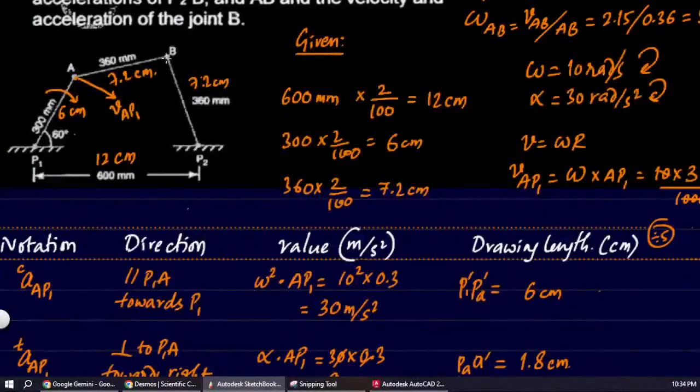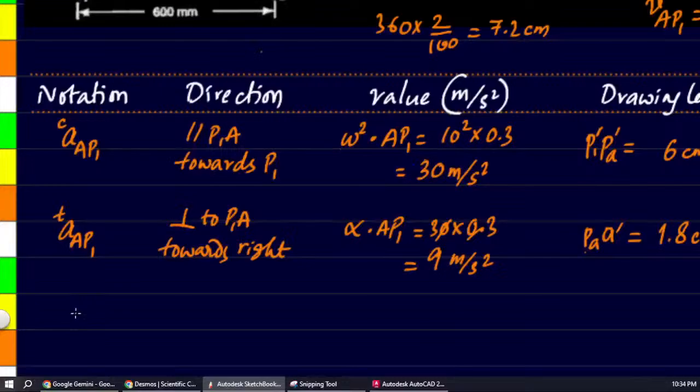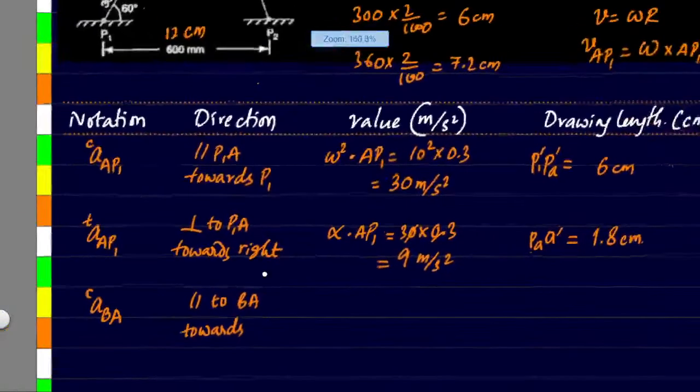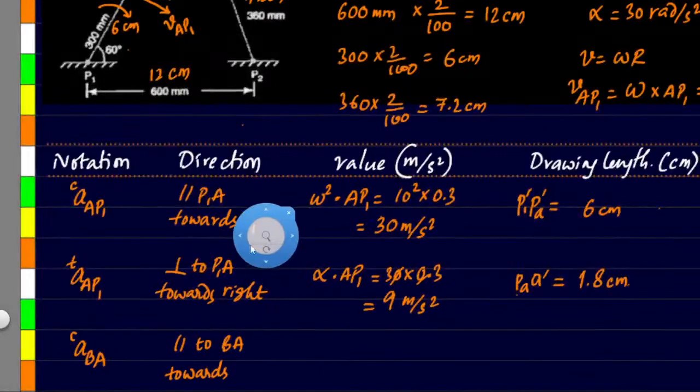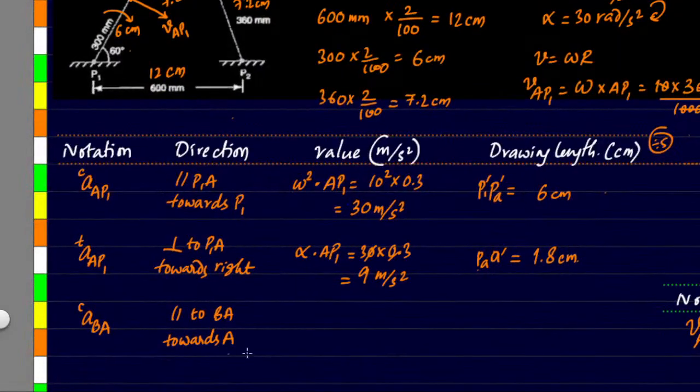What other accelerations do you know? We know the centripetal acceleration of B with respect to A. This will be parallel to BA, and it will be towards the center. When we are talking about acceleration of B with respect to A, the point A becomes the center, so that has to be towards A. And can we find this?